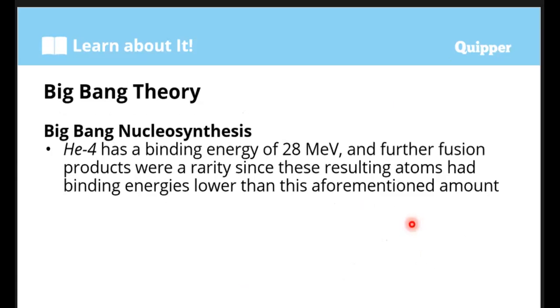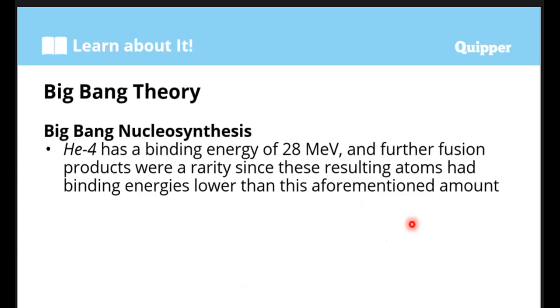And the helium-4 has a binding energy of 28 MeV, and further fusion products were a rarity, since these resulting atoms had binding energies lower than this aforementioned amount.